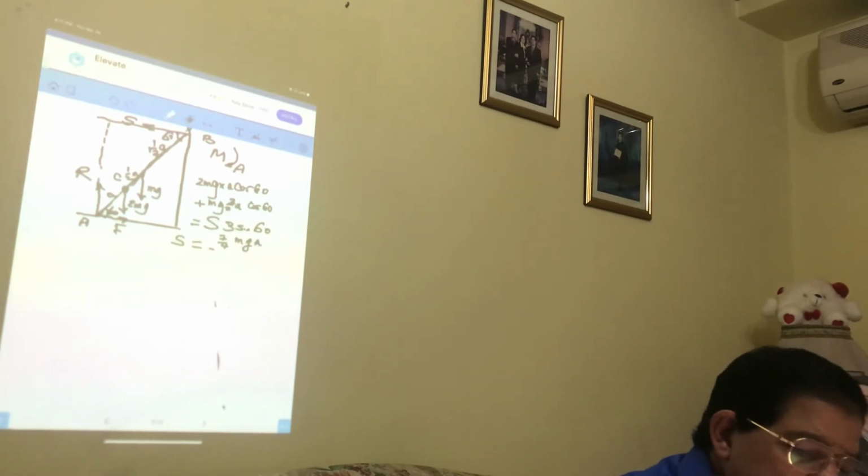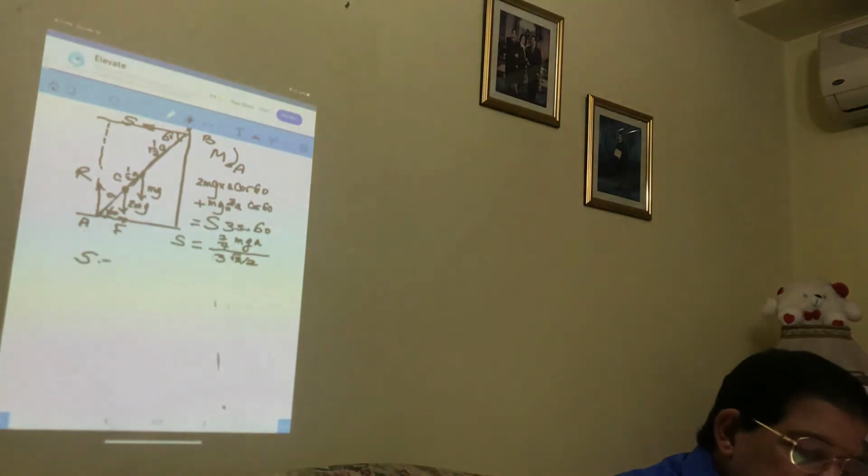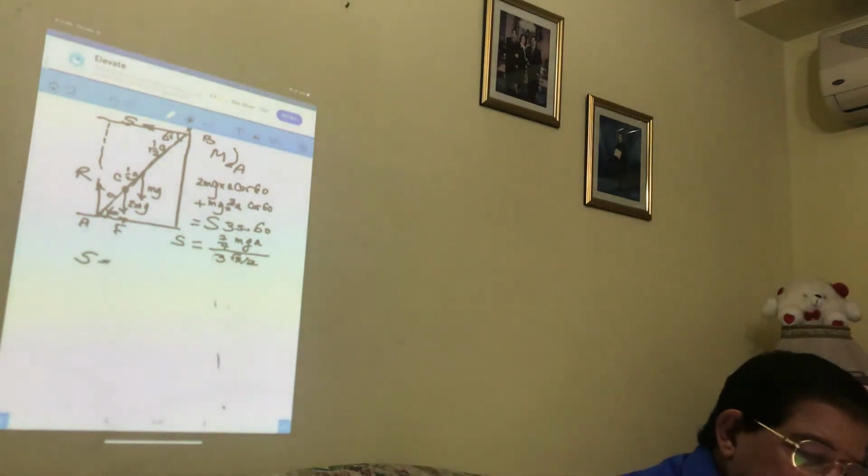Divide by 3 sine 60, and sine 60 is root 3 over 2. We get the value of S equal to 7 over 6 root 3 mg.